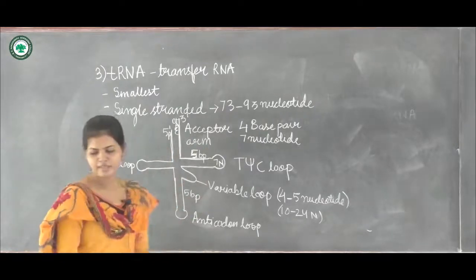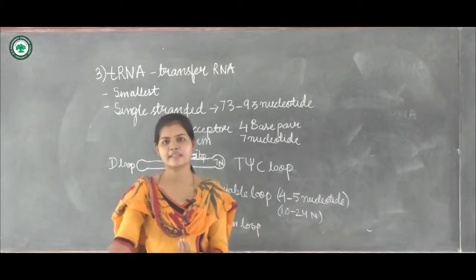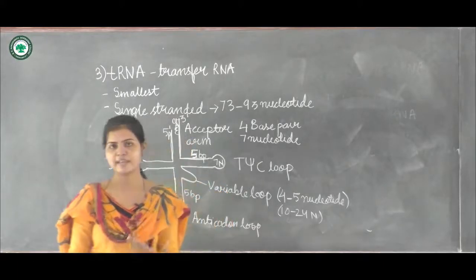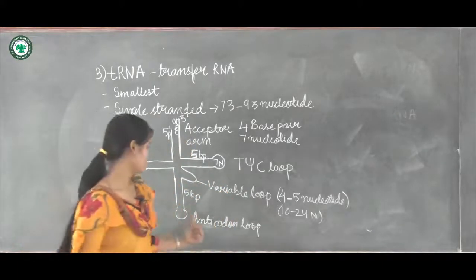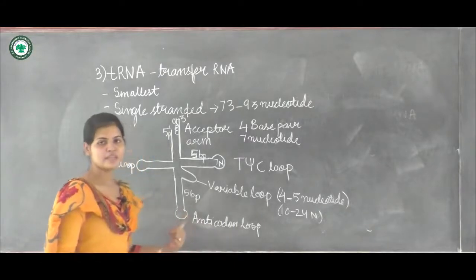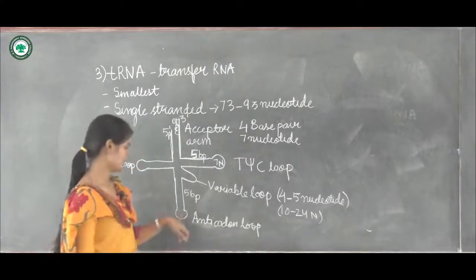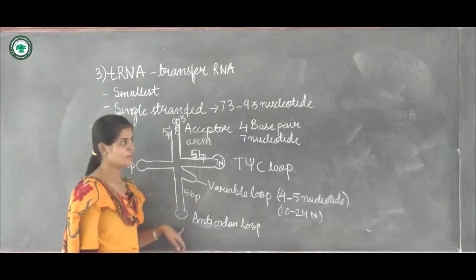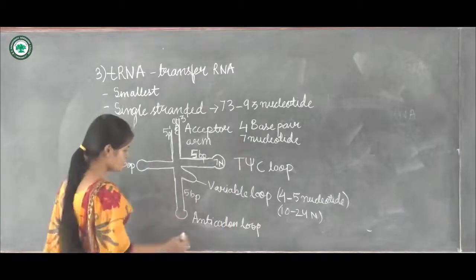So this tRNA acts as a carrier of the amino acid. During the protein synthesis process, there will be a reaction between this anticodon and the codon which is present on the mRNA.